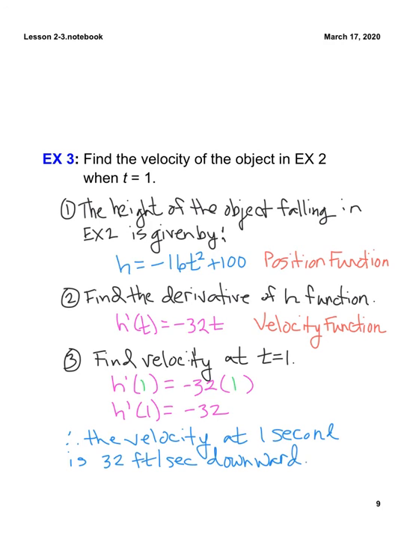How do I know it's downward? Because my velocity is negative. I'm going to put a box around it and we're done.